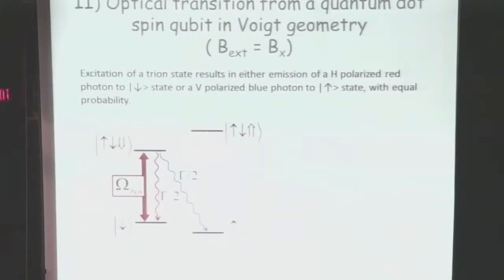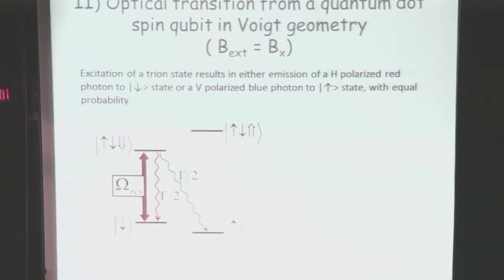Okay, so now let me tell you about this relatively, conceptually very simple spin-photon entanglement. So this is the energy level diagram. I will not go into details, but take my word for it, it has been verified in many labs. If you have a charged quantum dot, a single electron, then the initial states of the system are designated by the spin of the electron.